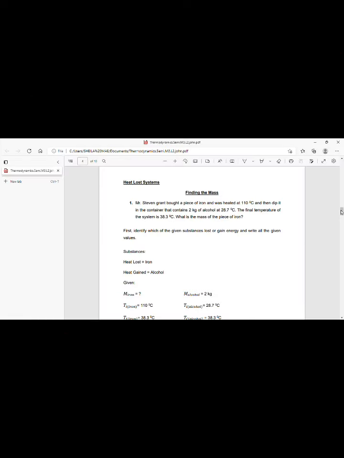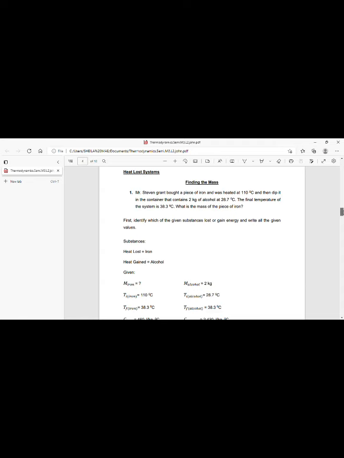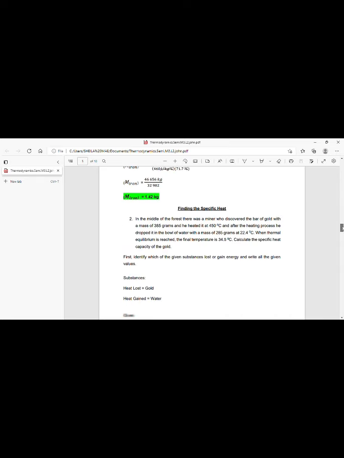Okay guys, we are already done discussing our heat energy, so we're going to proceed to our calorimetry. These are my example problems in heat loss systems: problem number 1, problem number 2, problem number 3.